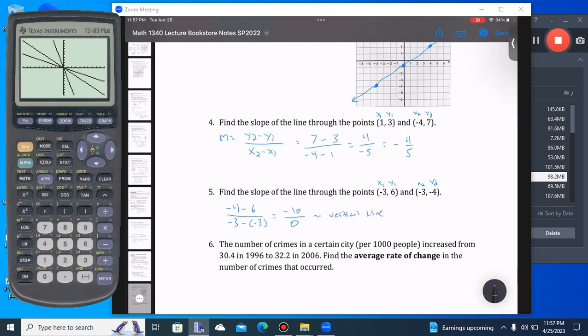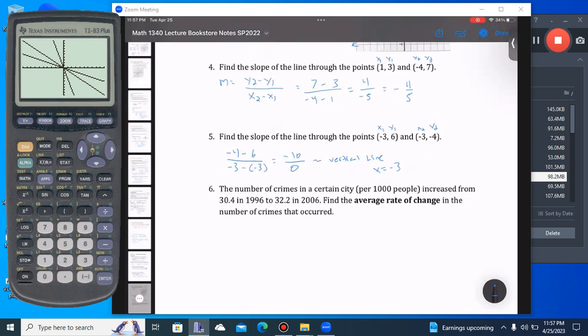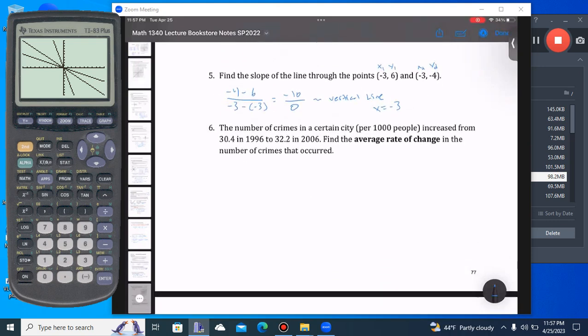So it's not a function at all, and we have x equals -3. If your x's are the same, you end up with a vertical line. If your y's are the same, you will end up with a horizontal line. There won't be any change vertically, so the numerator ends up 0, and you end up with a horizontal line.